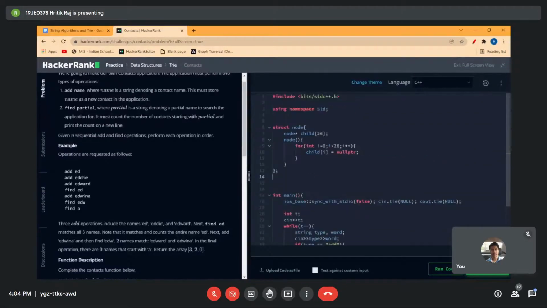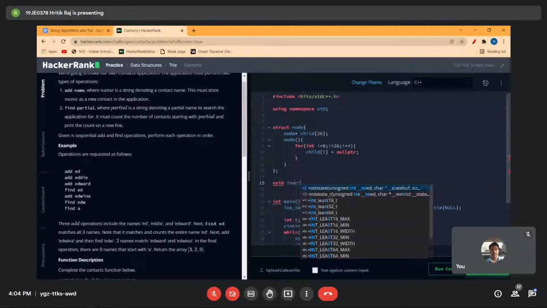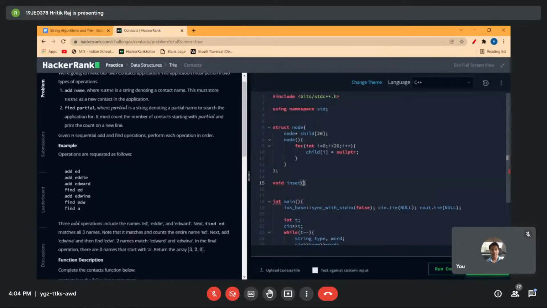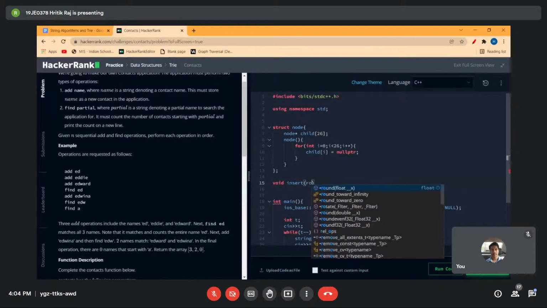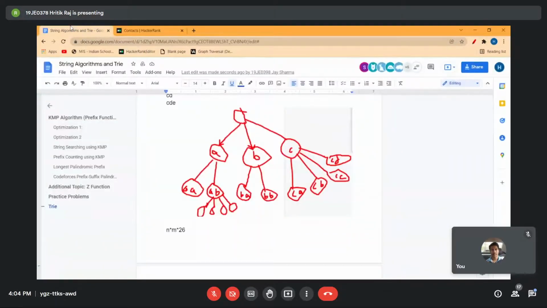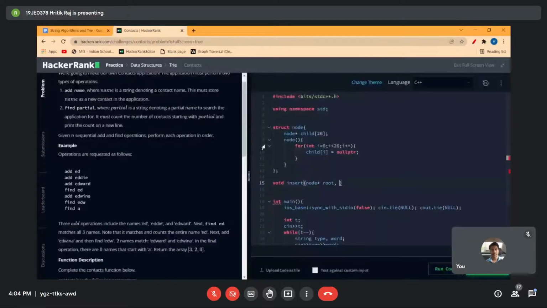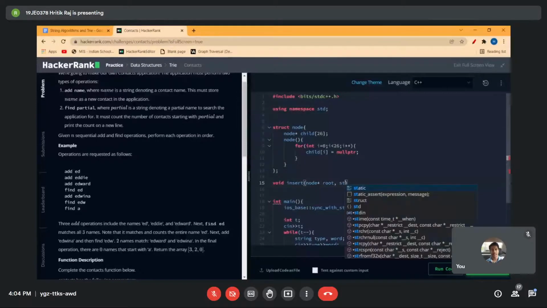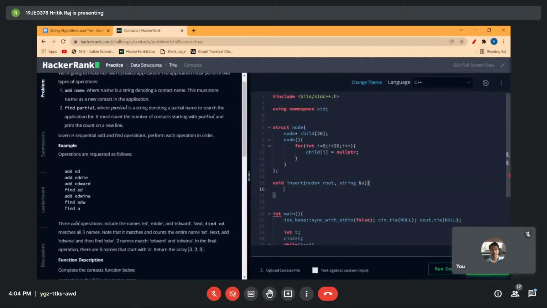Let us first make another function for adding any new string to the graph. This function will add the string to the graph. We will pass the root node, which is representing the empty node, and then we will pass the string.